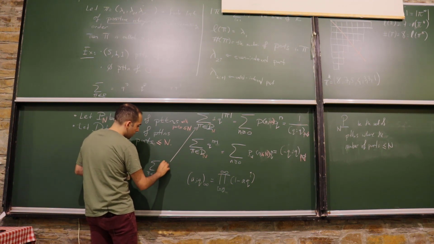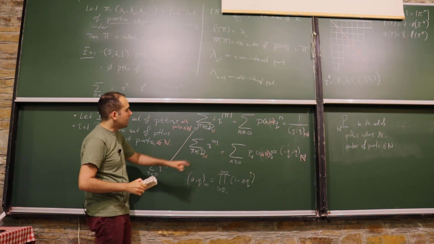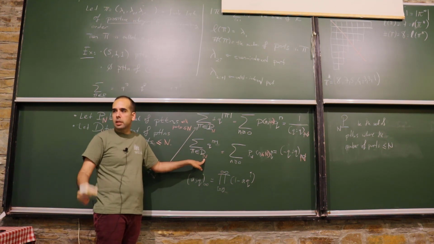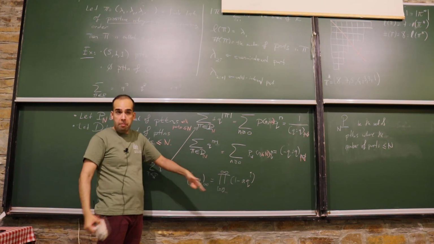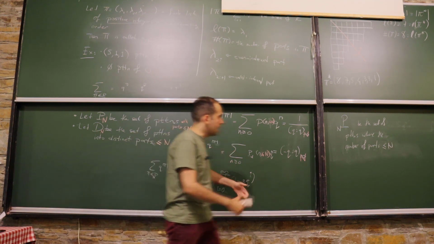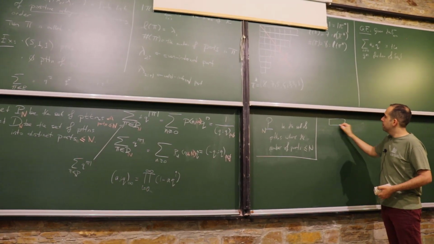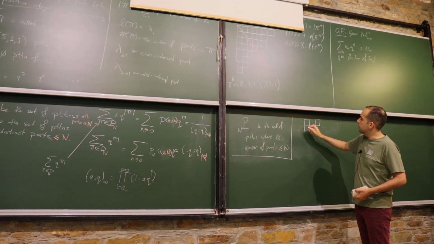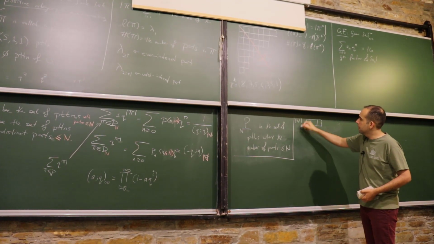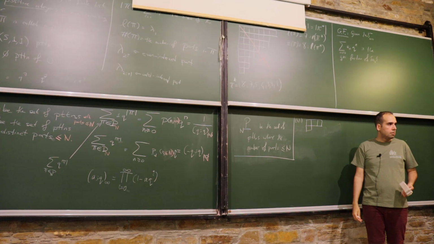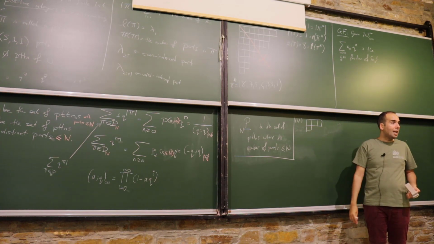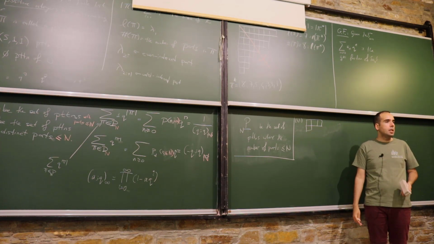But maybe we've got to be careful. What if I have partitions into distinct parts and I bound the largest part? Let's give the example of a 3 and a 1. So the partition that I have is 3, 1. If I were to conjugate this, I'm not in distinct parts anymore, right?